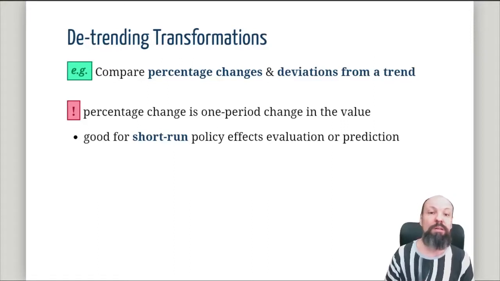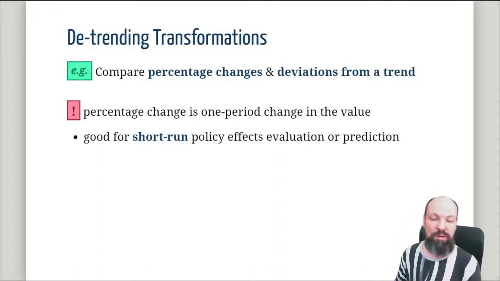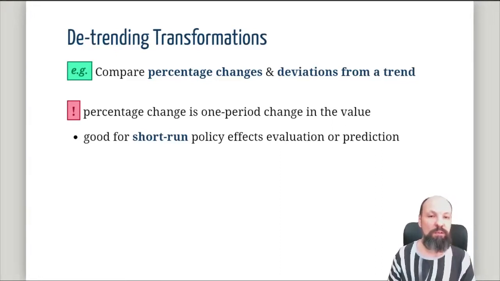So this year compared to the previous year, if the data is annual, divided by the previous year. So how many more percent the value of the current year is than it was last year, and so on. This is very convenient when you are trying to evaluate the growth or decline, whatever is going on there in the data, and when you are going to evaluate short-run effects of the policy or of some ongoing tendencies, maybe of some random events, or events other than policy or random, that took place in the nearest past and so on.